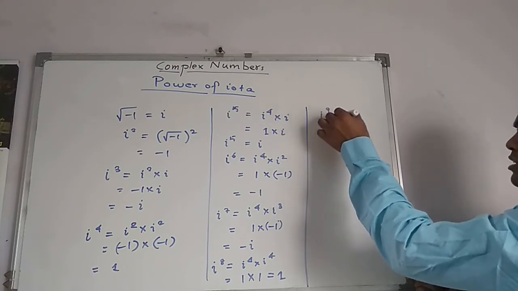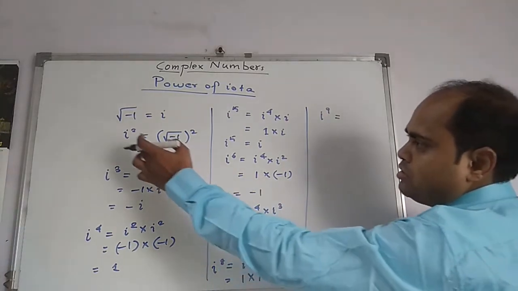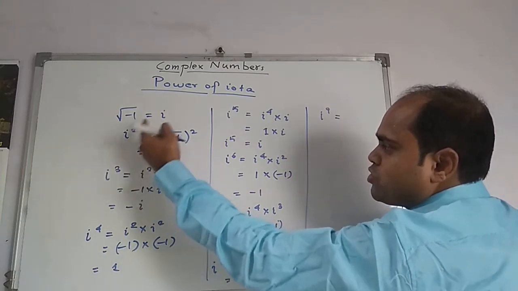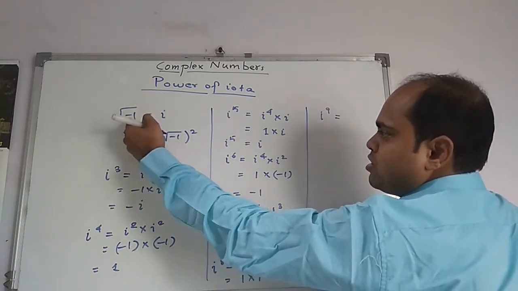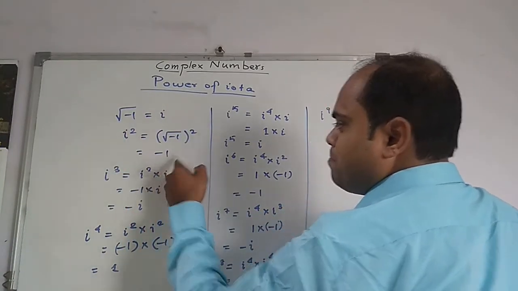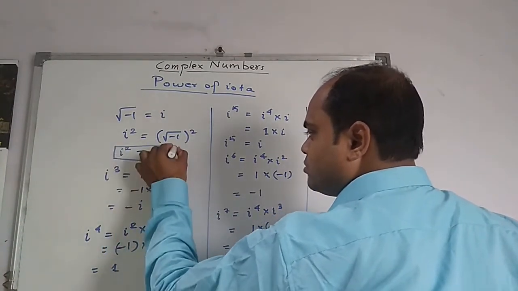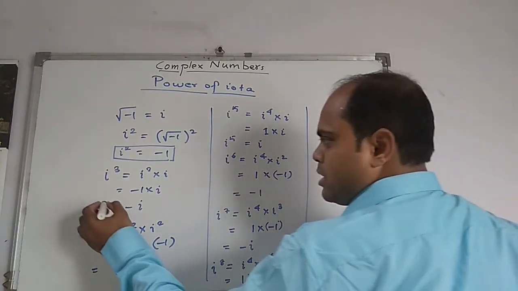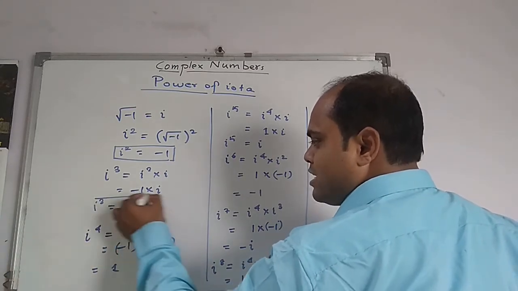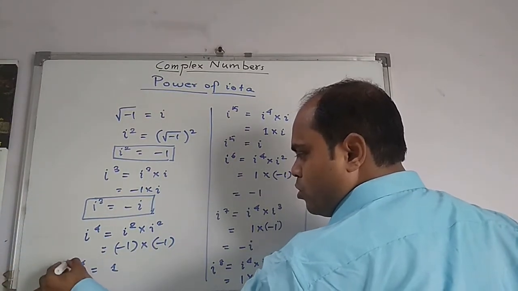Okay. So what is iota raised to 9? We can see from here that iota raised to 1 is iota, and iota raised to 2 is minus 1. Iota raised to 3 is minus iota. Iota raised to 4 is 1.